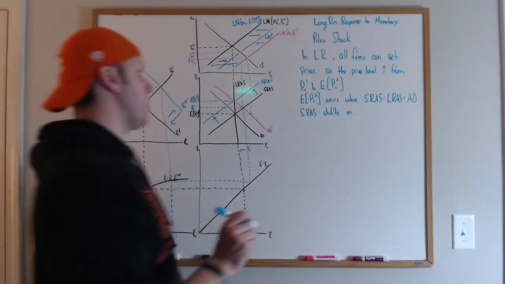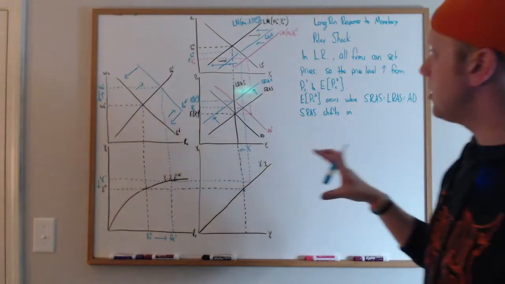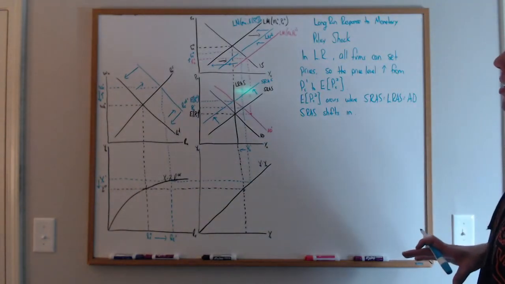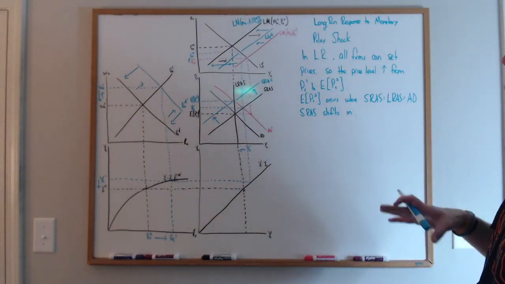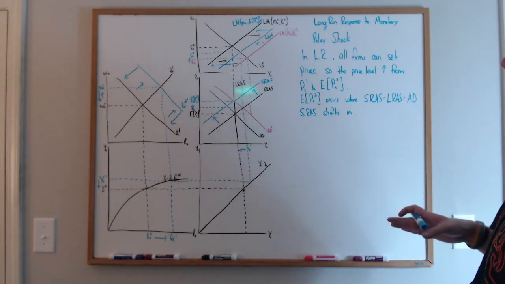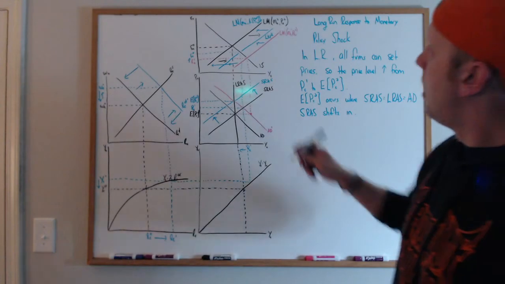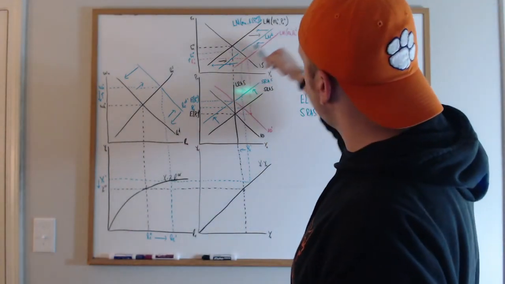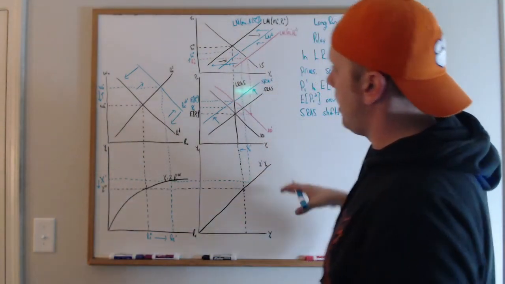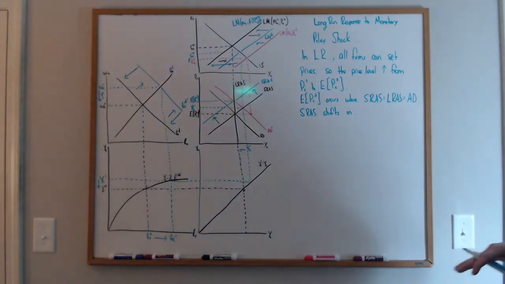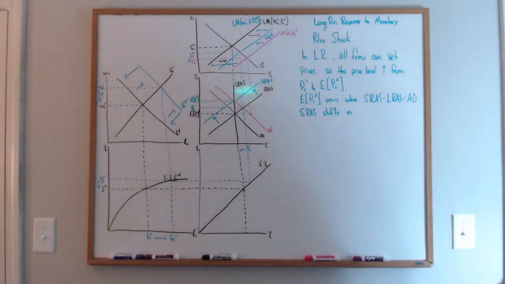And in the long run, I know it looks cluttered, it looks like there's a lot of stuff going on. But if you remove this short-run aggregate supply curve, that labor demand shock, and this LM2, this blue LM curve, what you'll see is identical to the real business cycle model.